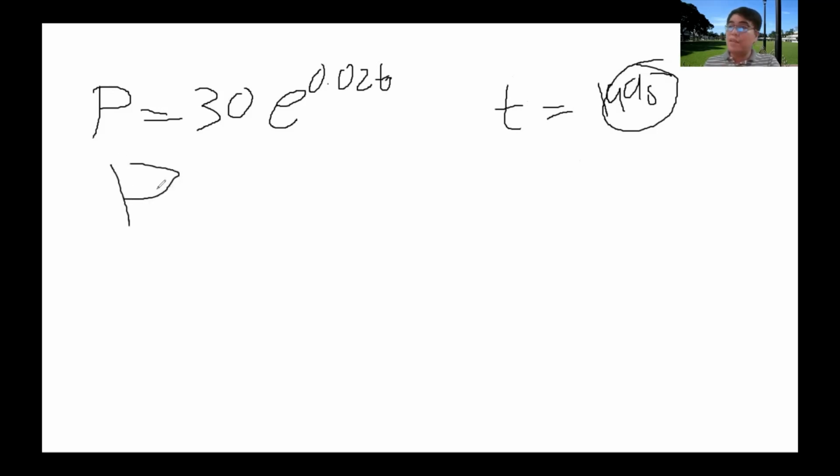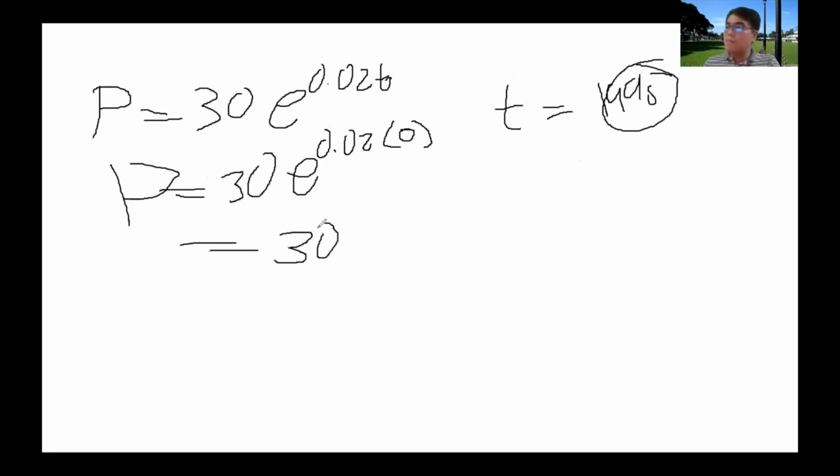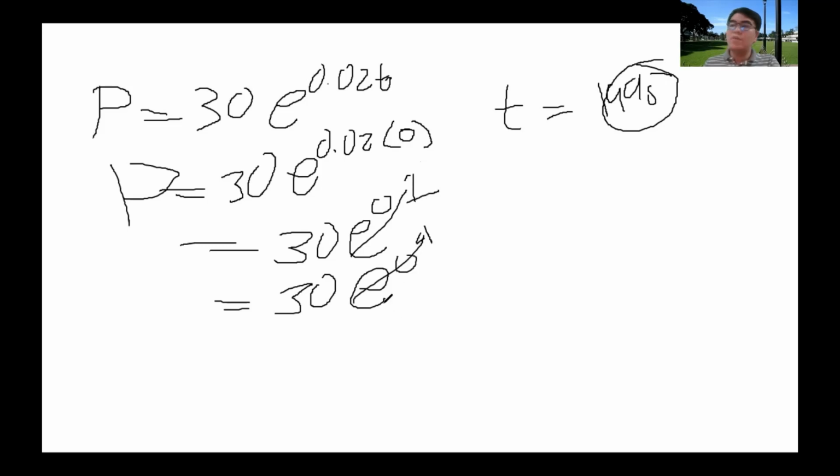So P is equal to 30e to the 0.02 times 0, which is equal to 30e to the 0, and e to the 0 is 1. So P is just equal to 30,000.